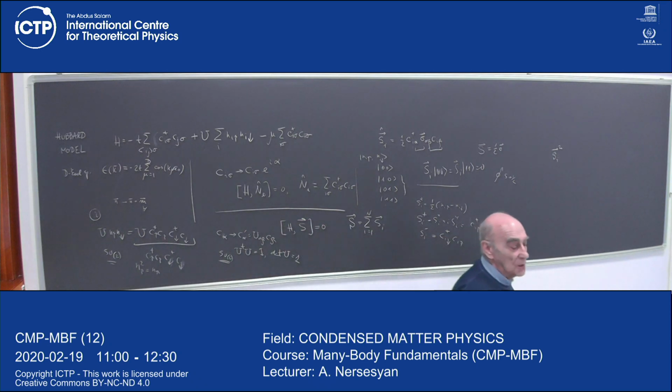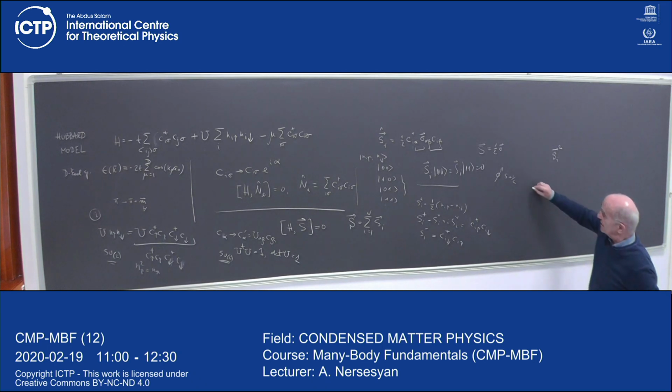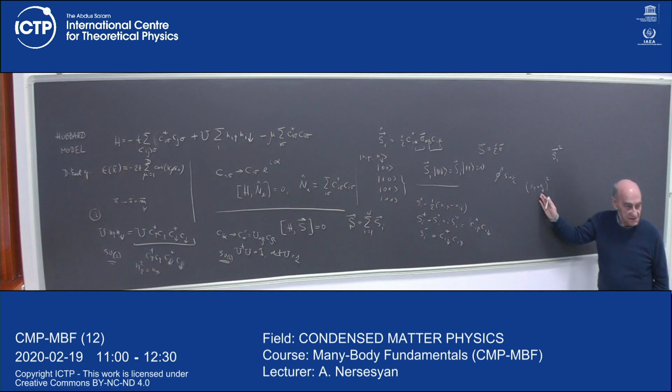This is not the only way to do the job. There is another way, even more spectacular, and much simpler. Consider the object n up plus n down and take a square. Why do I take this?